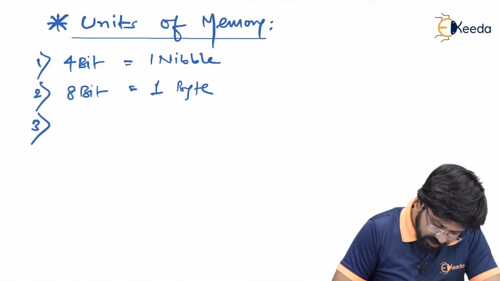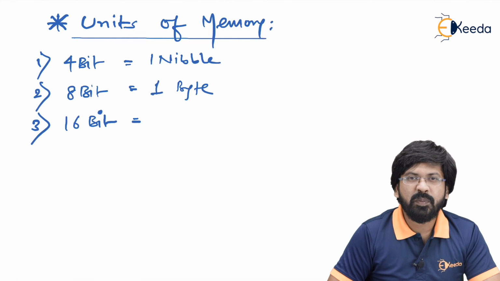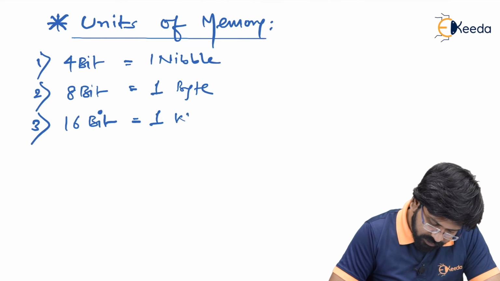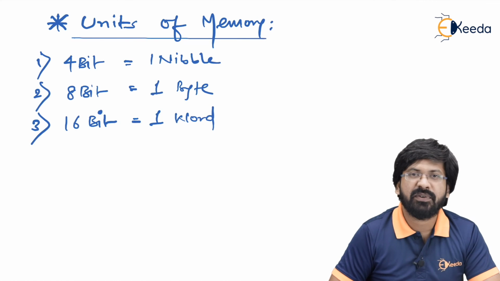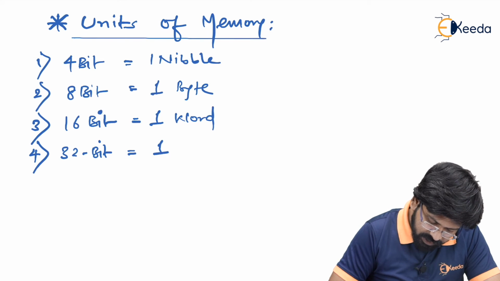Next, suppose you have 16-bit data. Then it is considered as either 2 bytes or 4 nibbles, but instead of that we have one word. Remember, one word stands for 16-bit. Fourth, suppose you have 32-bit, then 32-bit data is known as one double word.